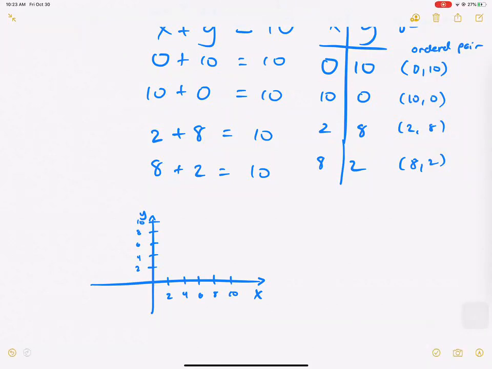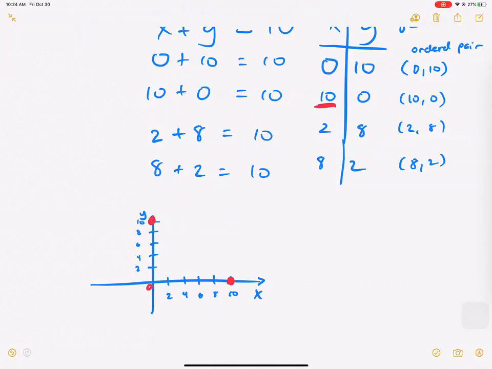We can see that this is going to form, let's see, when x is 0, we walk up, y is 10. If x is 0, y is 10. If x is 10, 10's way over here. X is 10, we said our y value is 0. Right?